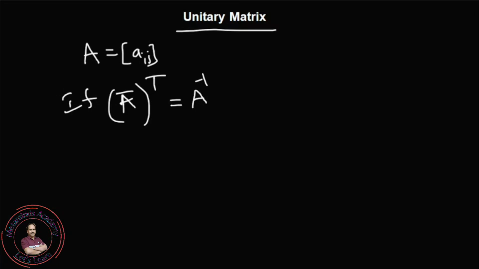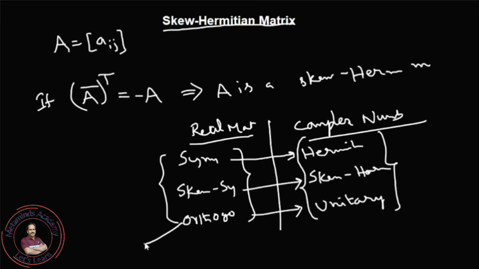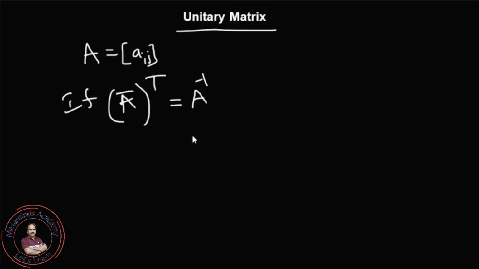If you remember the orthogonal matrix concept from the previous video, this is analogous: A transpose equal to A inverse is orthogonal. What is unitary? A bar transpose is equal to A inverse. So if the complex conjugate of A whole transpose is equal to A inverse, then A is called a unitary matrix.